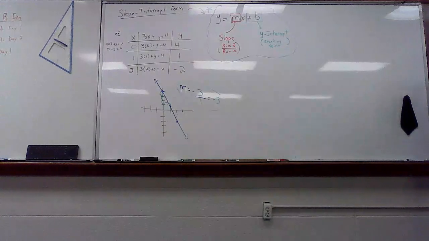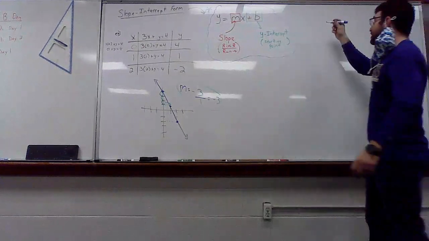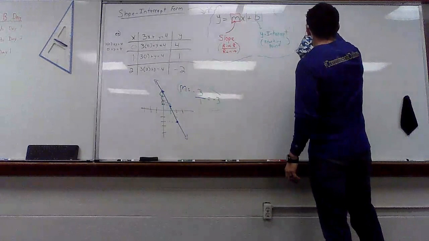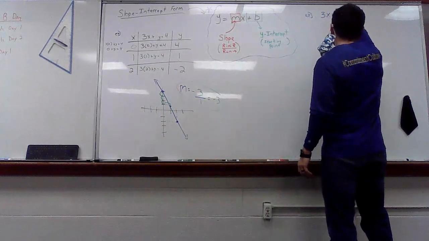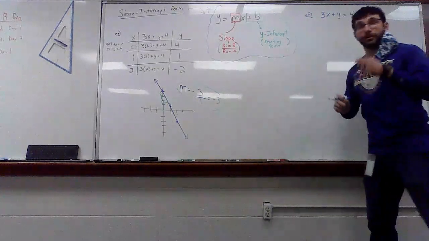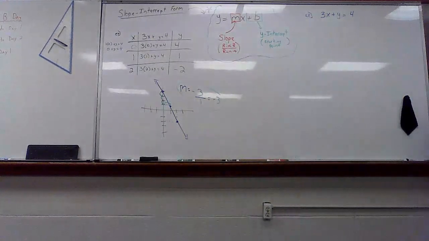Okay. Are you ready for the easy cheat code now? Slope-intercept form. We're going to take the same equation. It says 3x plus y equals 4. Here's my question.